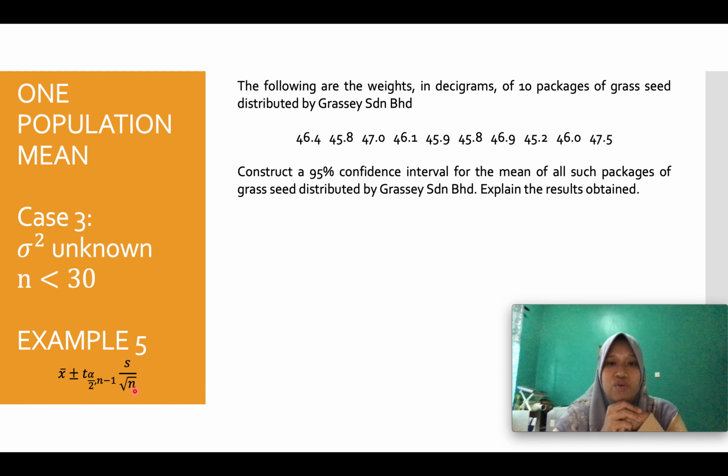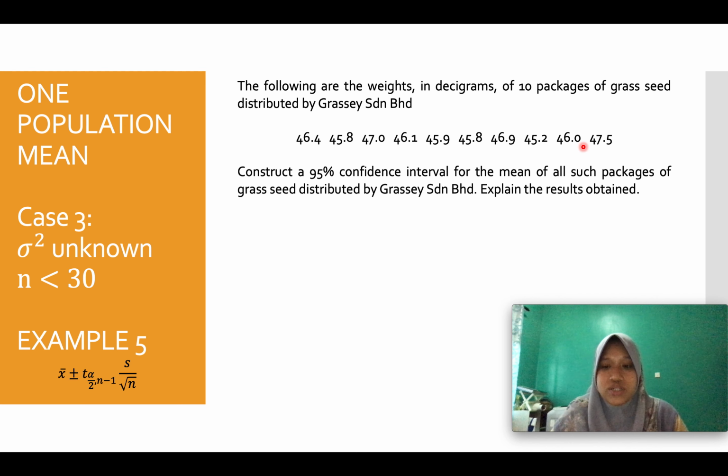The following are the weights in decigram of 10 packages of grass seed distributed by Grassi Sdn Bhd. Construct a 95% confidence interval for the mean of all such packages of grass seed distributed by Grassi Sdn Bhd and explain the result obtained. Again, you are given the raw data, so you have to calculate the value of x bar and s.